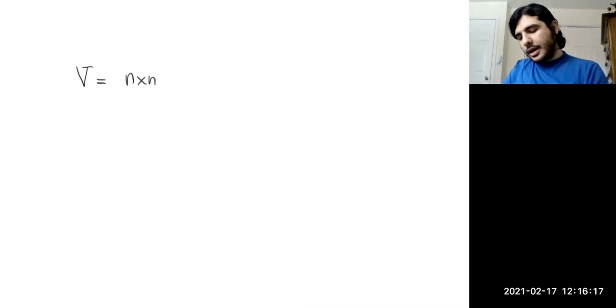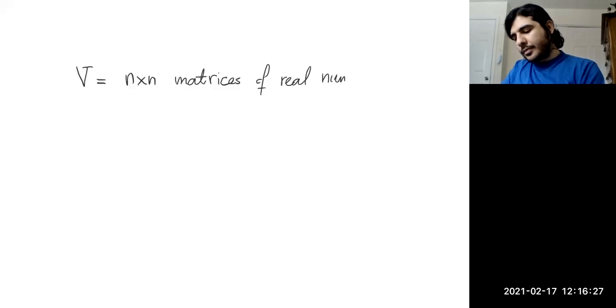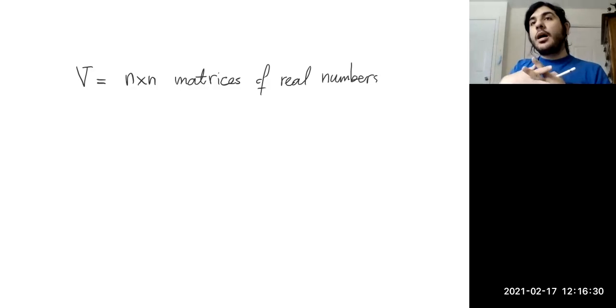Something we saw the other time was that the set of n by n matrices of real numbers, with the component-wise addition, which when we have two matrices, we just add the corresponding components to each other, forms a vector space over the real numbers as a field.